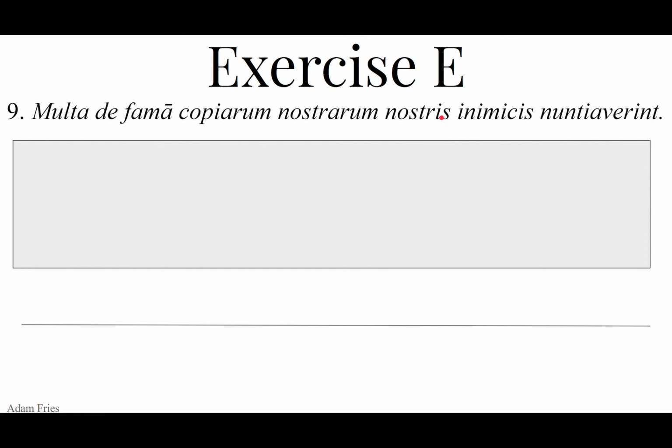Nostris. Did a Roman write this, put this word nostrarum, which means noster, right next to this word nostris, which also is noster, just in a different case? Oh yeah, the Romans love to do that kind of stuff. Nostrarum nostris, they love doing that.